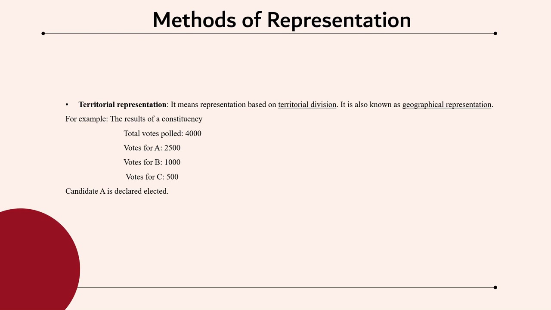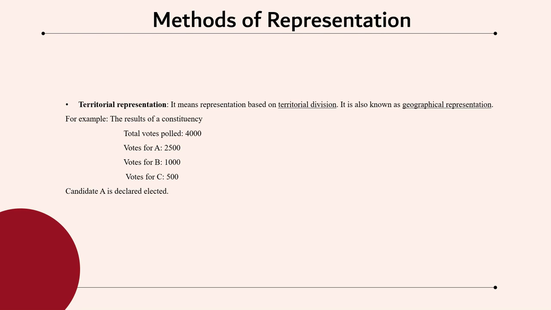When the total area is divided into as many electoral districts as there are representatives to be elected, and one representative is chosen from each constituency, it is known as single member constituency.